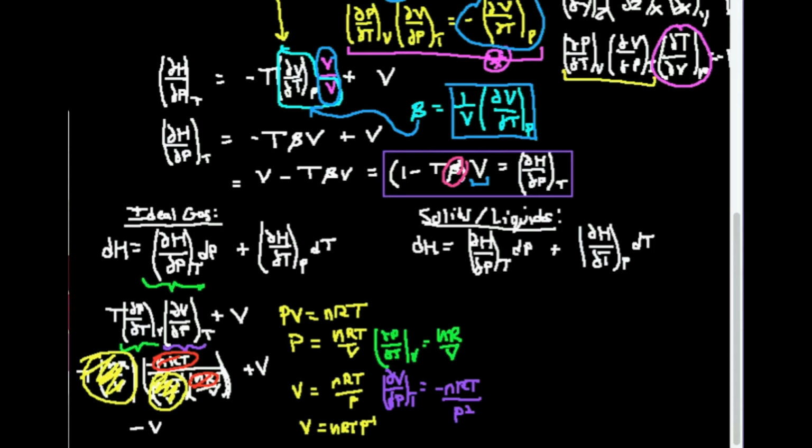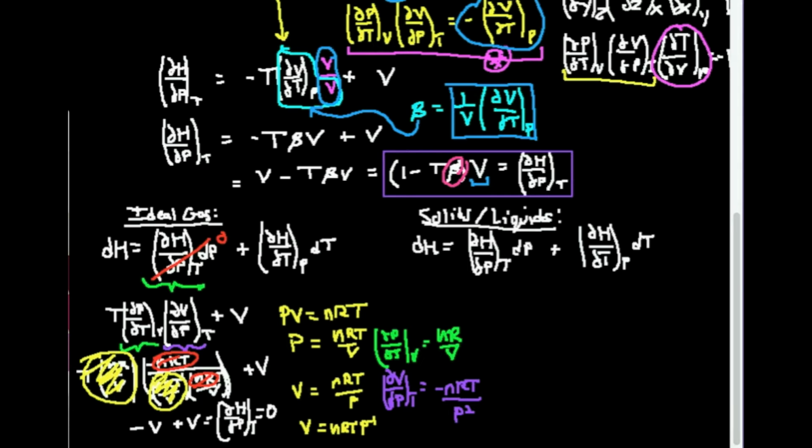That's just minus V, and then plus V. And that's the expression for the partial of H with respect to P at constant T, and it's equal to 0 for an ideal gas. So anytime you have an ideal gas and you're asked to calculate the partial of H with respect to P at constant T, this expression right here is just 0 for an ideal gas. It's almost something you should just memorize, but if you actually had to calculate it or prove it, this is how you would do it.